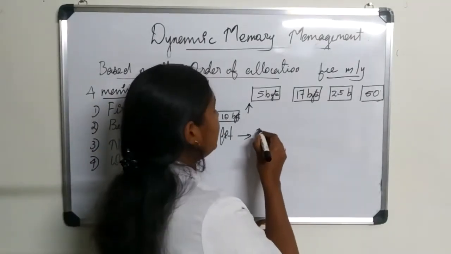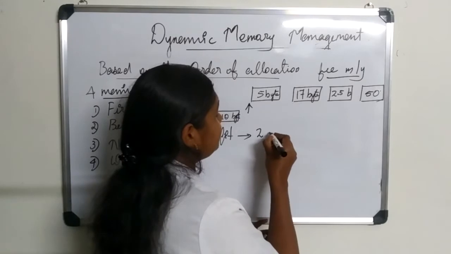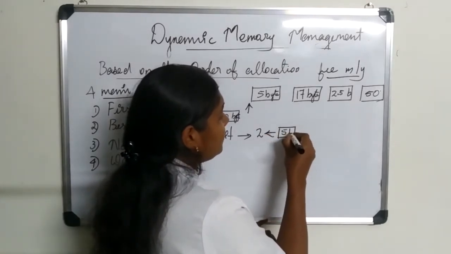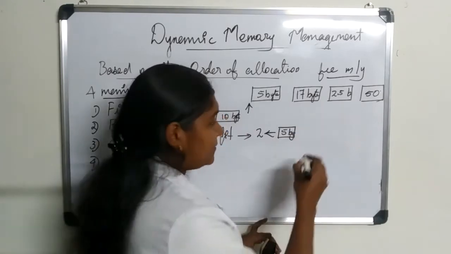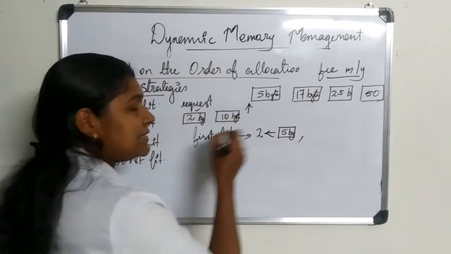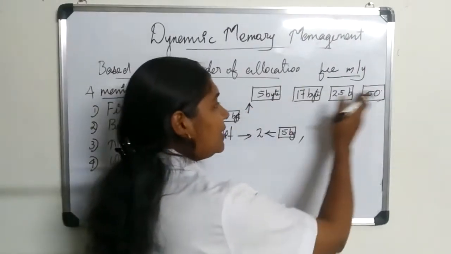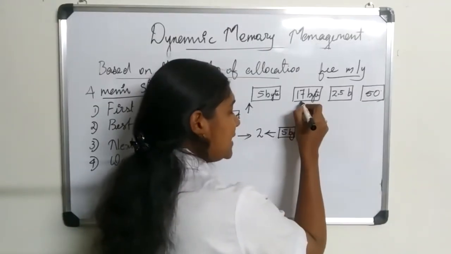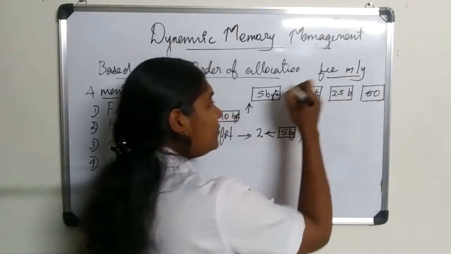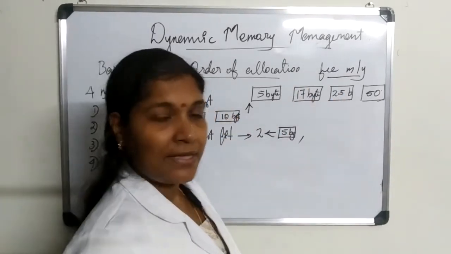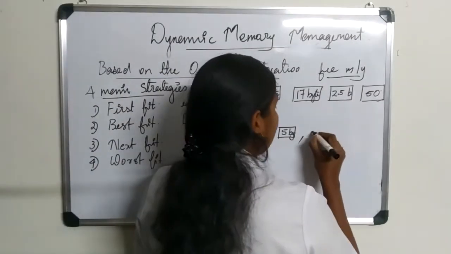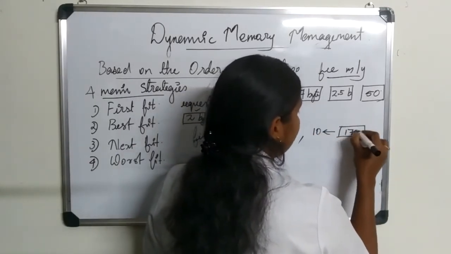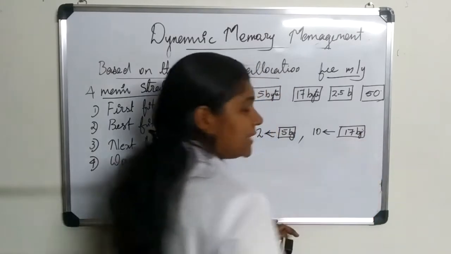So for the 2 byte request, the 5 byte block will be allocated. Then the next request is 10 byte. It will move on to the second block, which is capable of satisfying the request, so for 10 bytes, 17 byte of memory is allocated.